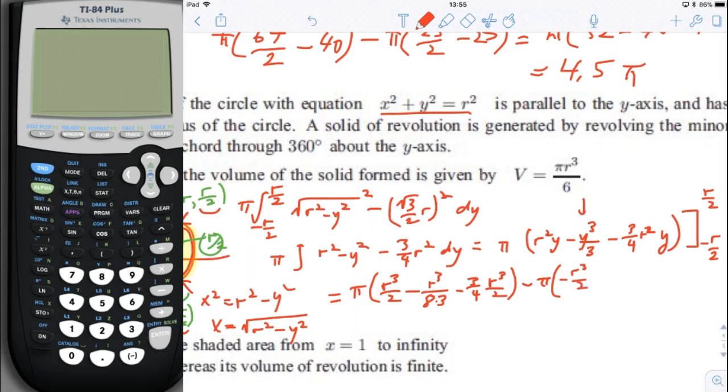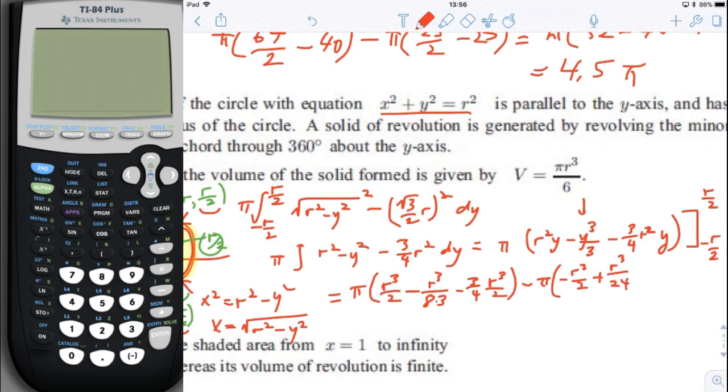And then negative r over 2 substituted in here would be minus negative r cubed divided by 8 times 3, so it would be plus r cubed divided by 8 times 3, which is 24.